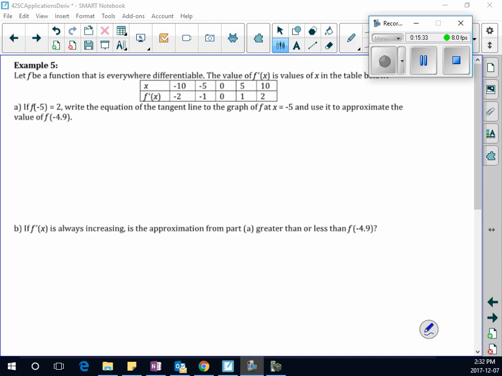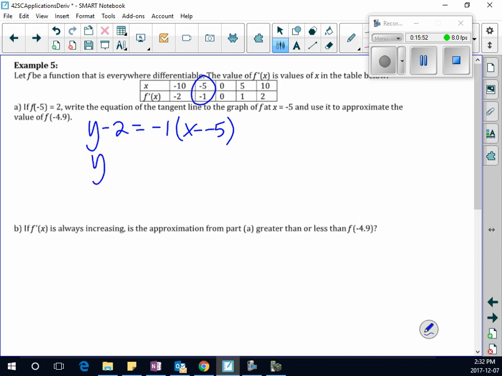It says the derivative at x equals negative 5, so that is this right here. So y minus 2 equals negative 1 times (x plus 5). So y equals negative x minus 5 plus 2, which is minus 3, yes?